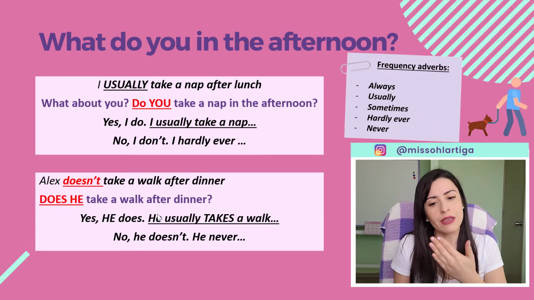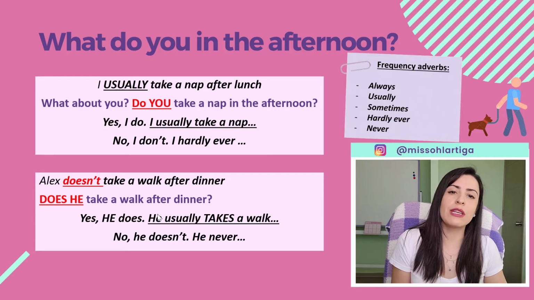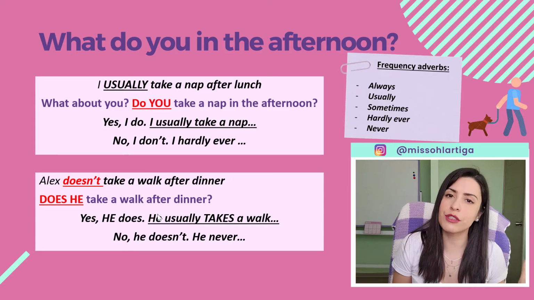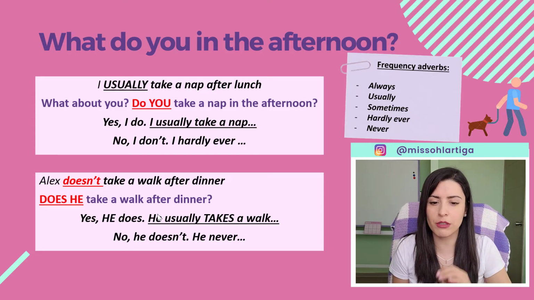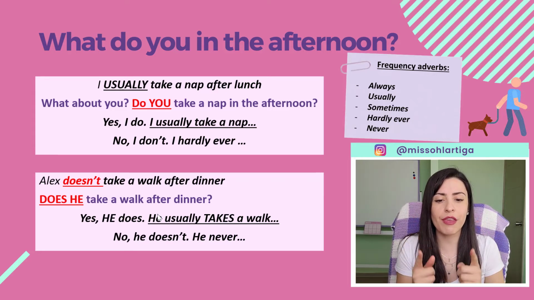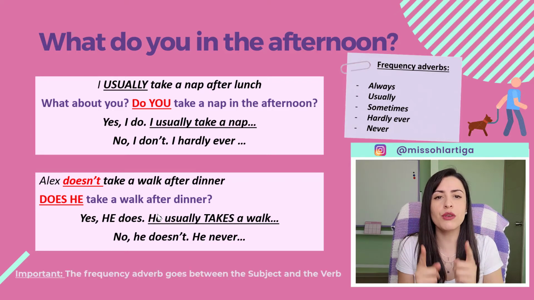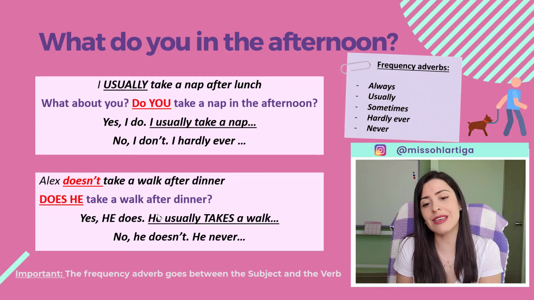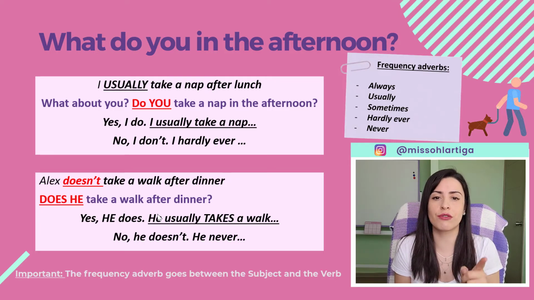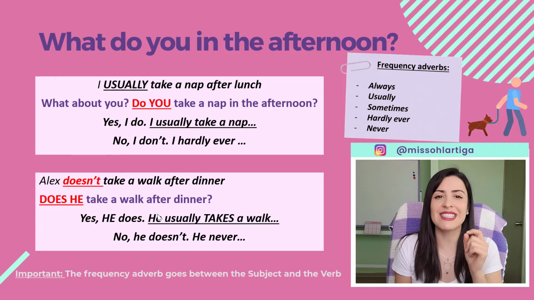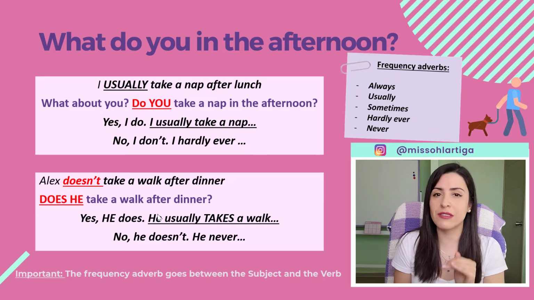So you can say, yes, he does. He usually takes a walk after dinner. You can say something similar to that. But the thing is, remember, usually goes between the subject, that in this case is he, and the verb, that in this case is takes. They work the same way.